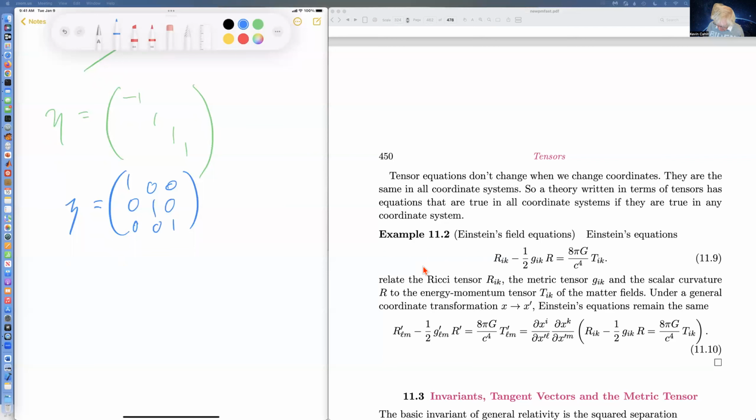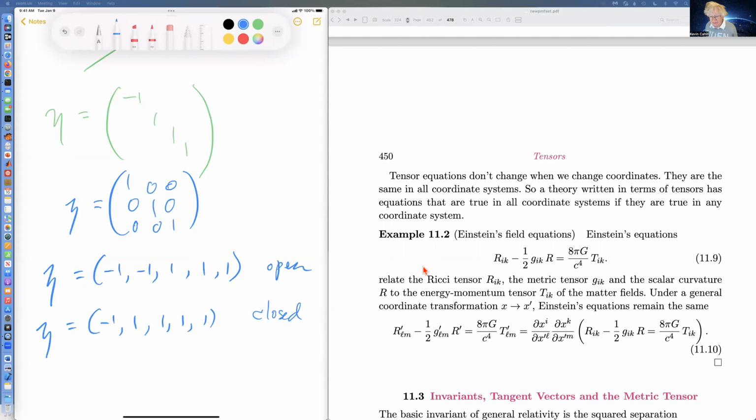And the space-time has an internal metric that's -1, -1, 1, 1, 1, if the universe is open, and on the other hand, -1, 1, 1, 1, 1, if the universe is closed. And so that's just to illustrate this.